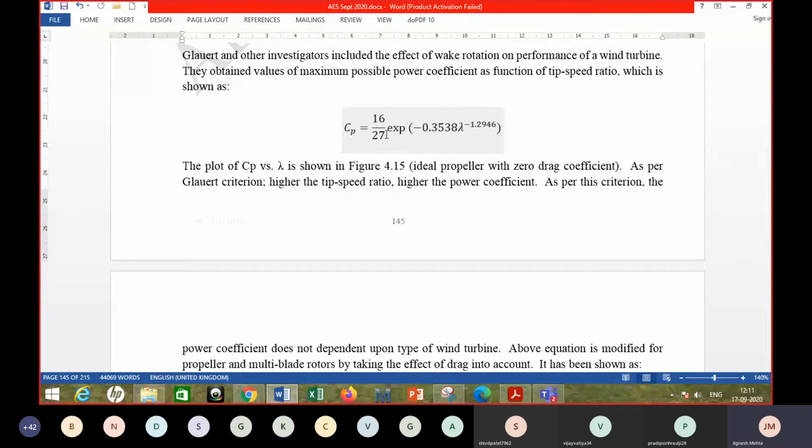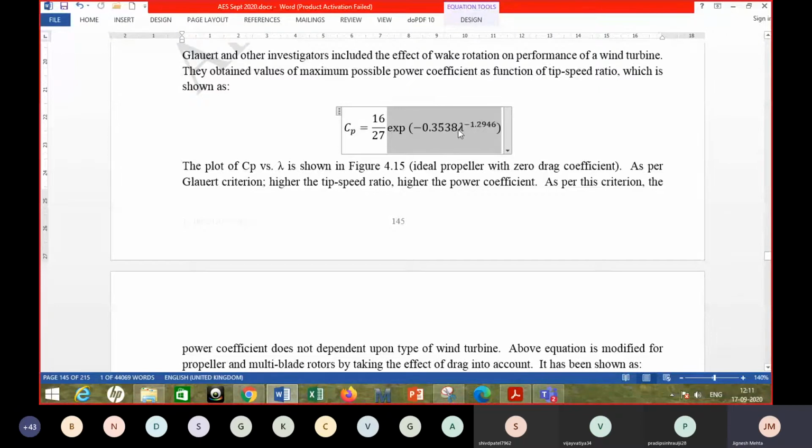The Cp, or the efficiency of the turbine, depends upon the tip speed ratio. That is what has been observed with the help of experiments. So Gluert presented this equation, and the second term, the exponential, is always going to be less than 1.